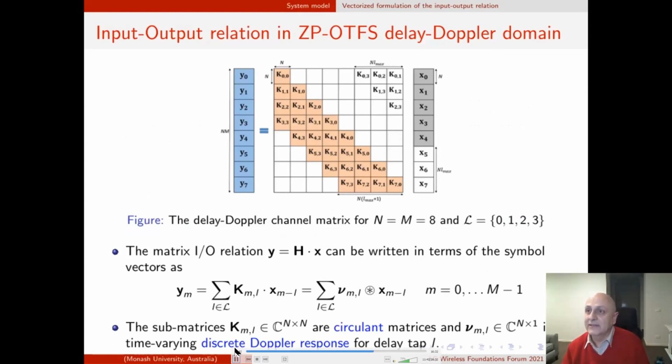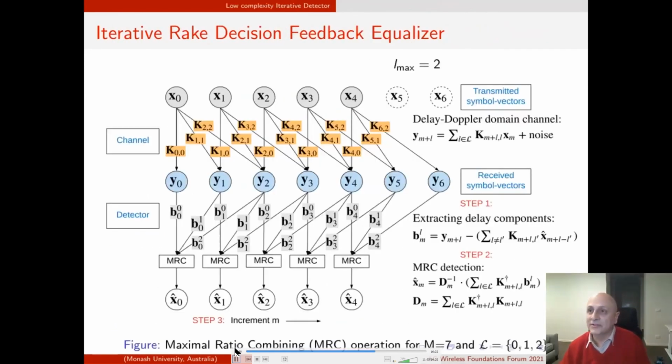And we have M blocks, each of size N by N. The maximal ratio combining operation performed by the iterative Rake decision feedback equalizer can be represented in this graph, and takes advantage of previous decisions to update the successive ones, as in decision feedback equalization. And it combines the estimates from multiple received samples to improve the estimate of the symbols.